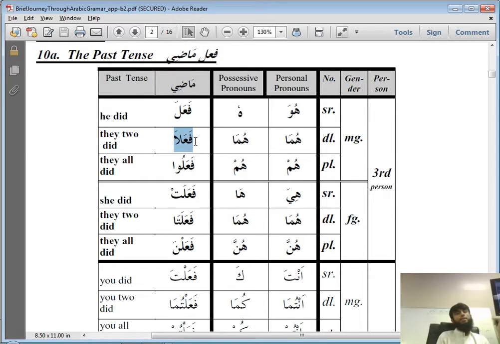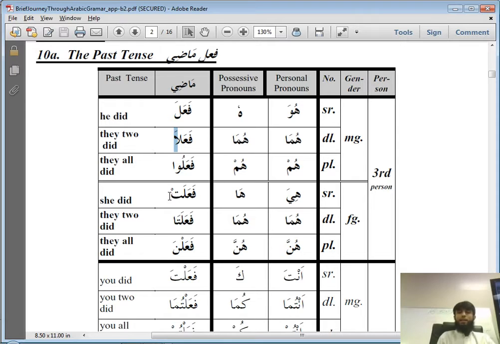Fa'ala, the doer is a third person dual, 2 people, but male. Fa'alu is third person and plural, so it could be more than 2, and it could be male and female, both, or just males. So you see the difference is that you're just adding a waw. Here we are adding an alif.